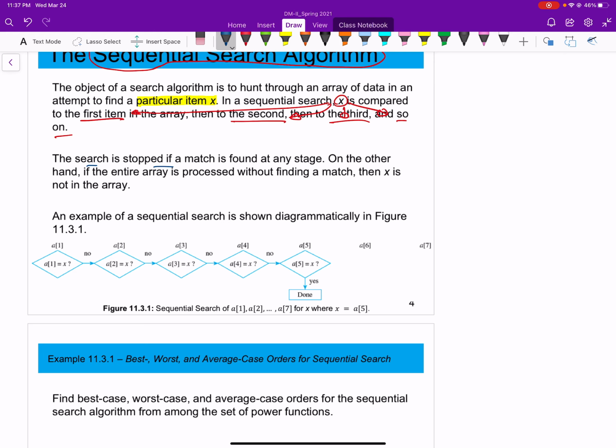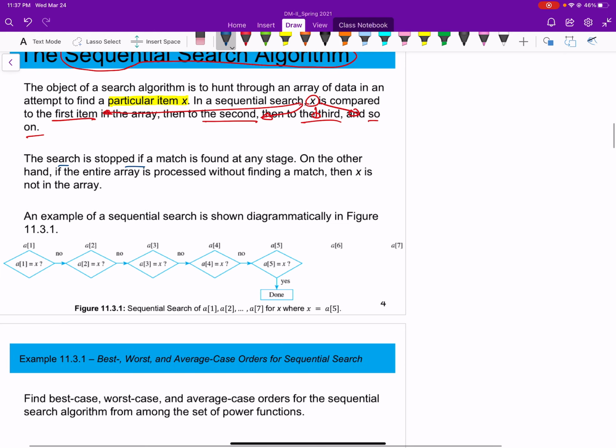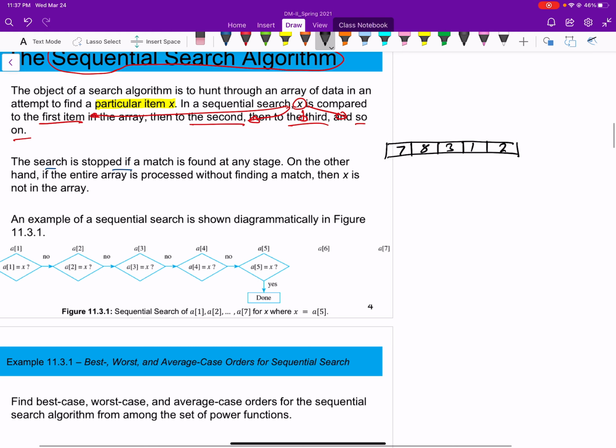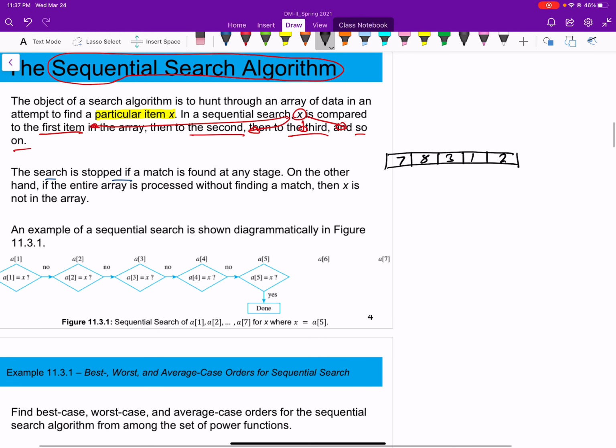That's simple, right? So if the algorithm couldn't find a match, the conclusion is that the element is not in the array. Since there are a lot of computer science students in this class, you can understand this. Let's say this array has the elements 7, 8, 3, 1, 2, and you are searching for 4.